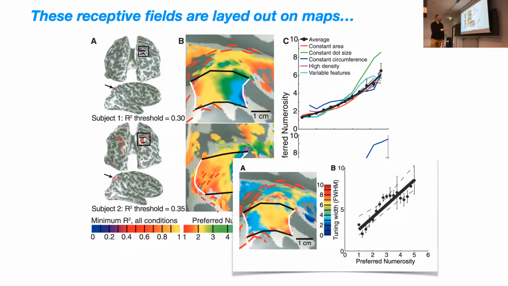And here's an extra quality of these maps. We know that the tuning width, that is the size of the receptive field, but then in numerosity space, is related in this positive way to preferred numerosity. So the smaller the number at the peak of the receptive field, the more finely tuned that receptive field is also.